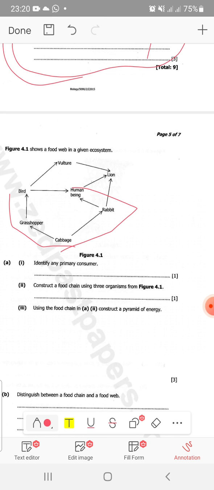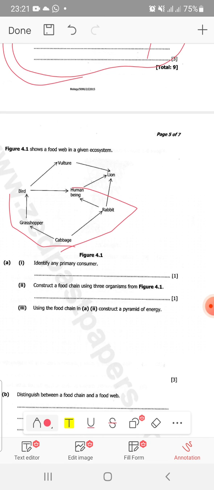Then look at question 3, Roman number 3. Using the food chain in A2, construct a pyramid of energy. A pyramid of energy is a pyramid which shows the energy present at each trophic level.